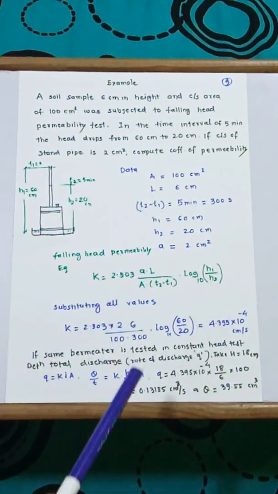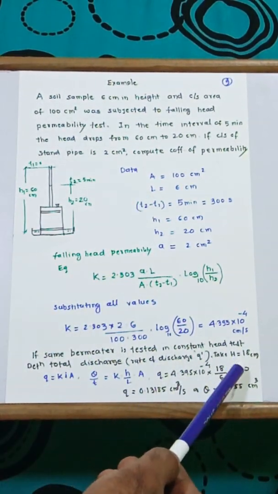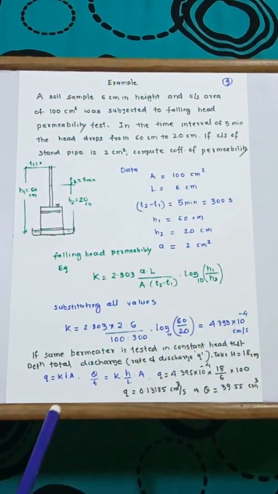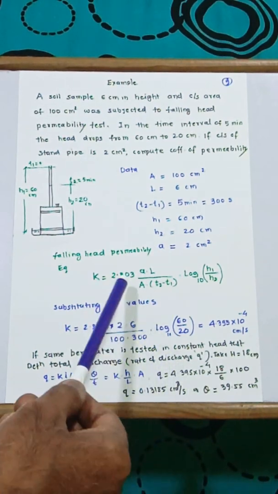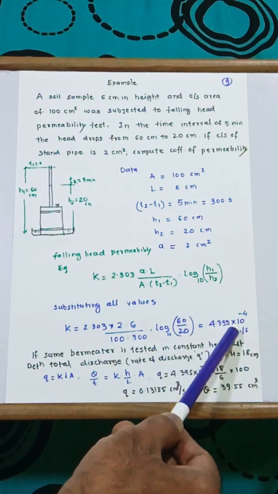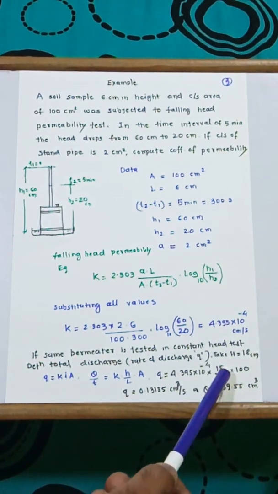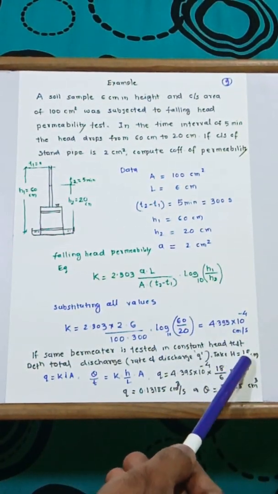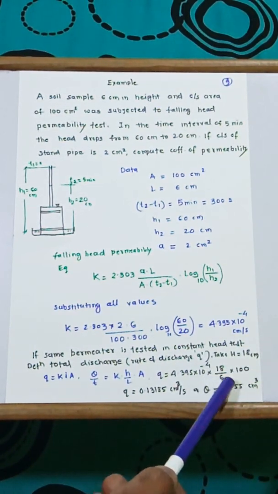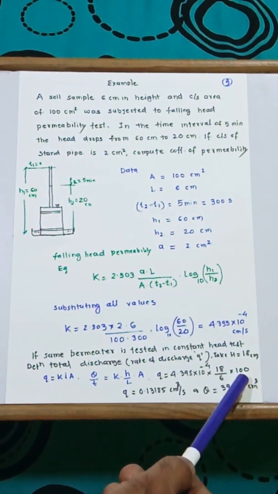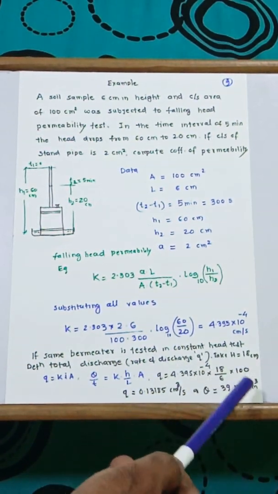Therefore using the same K value and a constant head maintained at 18 centimeter, we can write Q is equal to KiA, q is equal to Q by t, K H by L A. Now substituting the values, K which we just got as 4.395 × 10 to the minus 4, constant head 18 centimeter, length the same 6 centimeter, and area also the same 100 centimeter square.